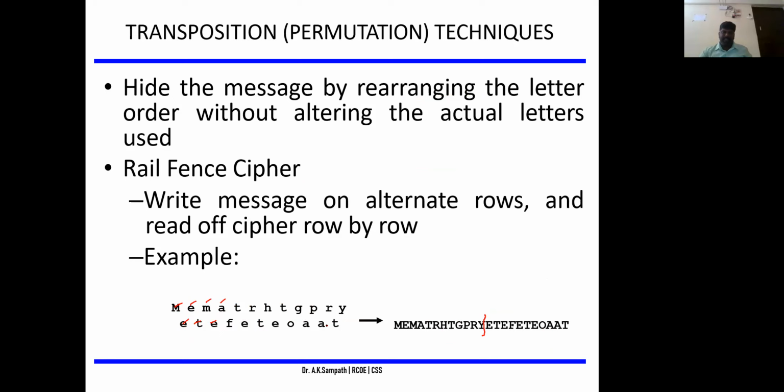Then you will map these values, MEET, ME, AFTER, THE, and then you will read like this, adding one after one, right? Meet me after.